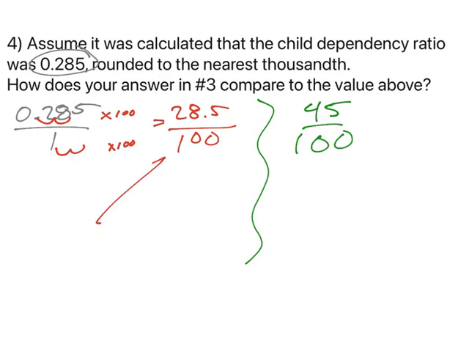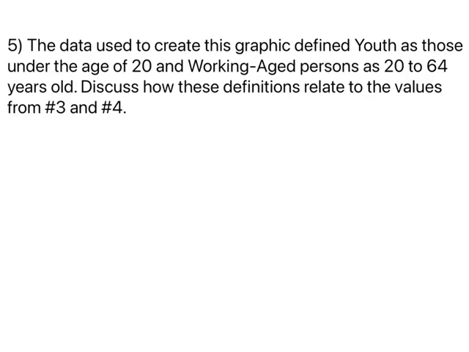So you're told this is the child dependency ratio, and we found, wait, this is the child. We found that the youth dependency ratio from this graph is roughly 45 over 100. That's actually a pretty big difference, right? That's like 16 and a half kids, 17 kids. That's a lot.